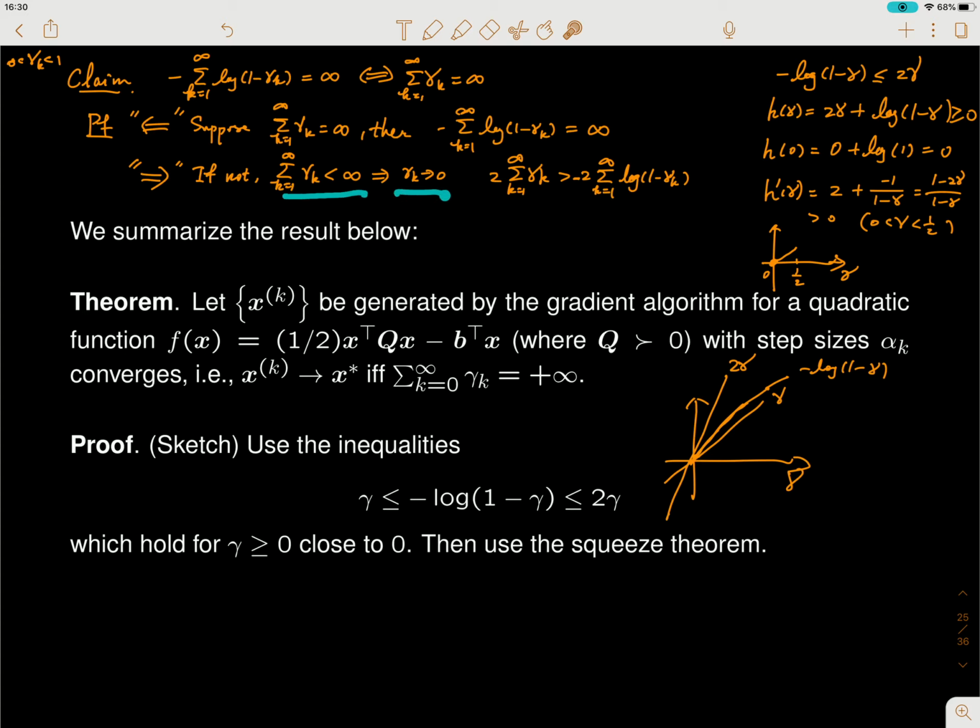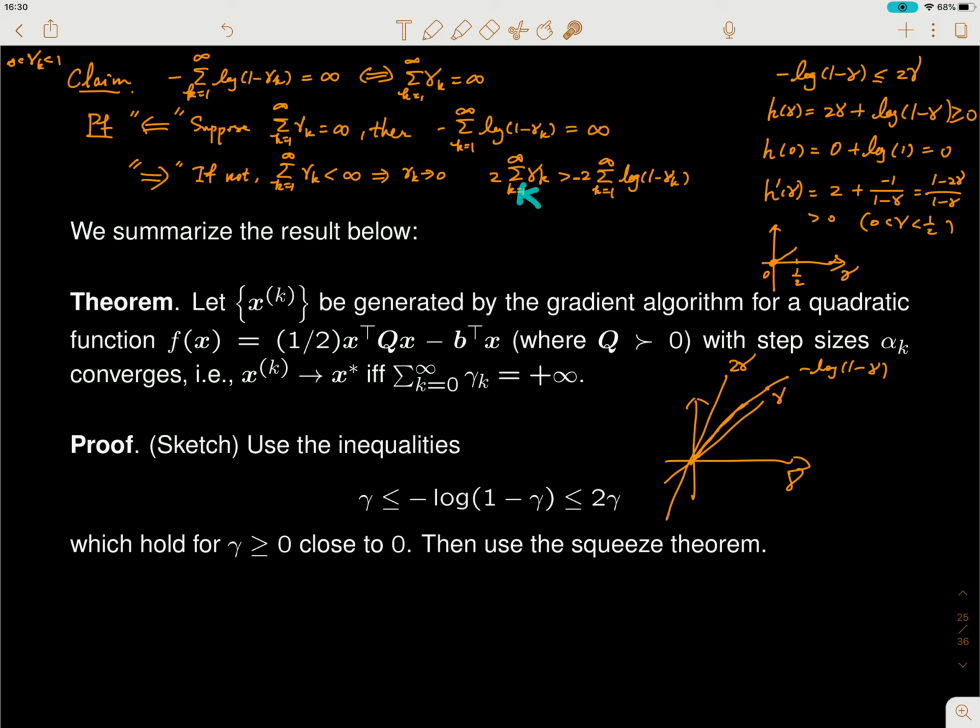So starting from some k, gamma k will be between 0 and 1/2. So what happens at the beginning, up to a very big k, we just ignore those first terms.